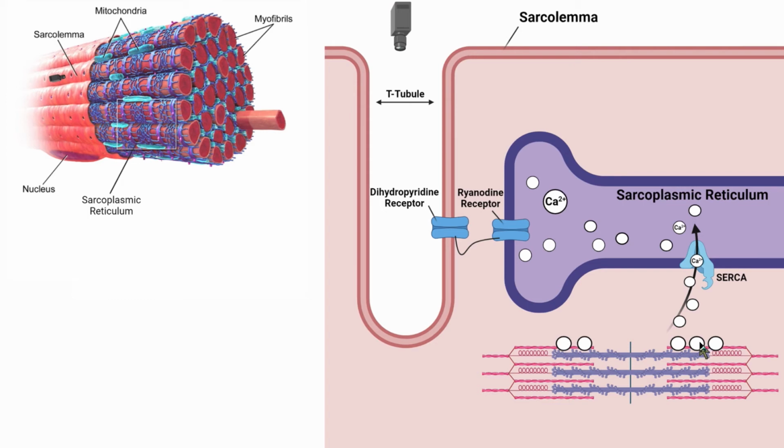Those calcium ions will then dissociate from the troponin and be sucked back up into the sarcoplasmic reticulum through a pump known as the SERCA, or sarcoplasmic endoplasmic reticulum calcium ATPase. Let's just go with SERCA. So SERCA is an ATPase, just like the myosin head has an ATPase, which means that it uses energy as well.